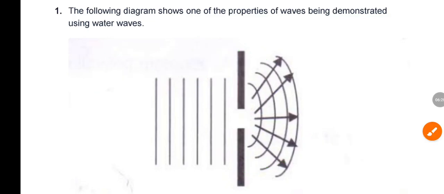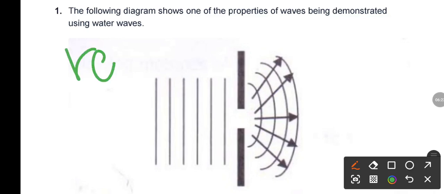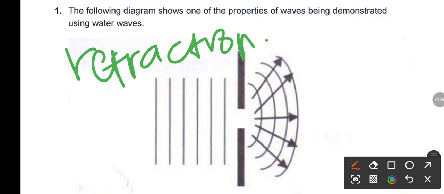And lastly, we have wave refraction. Wave refraction is defined as the change in direction and speed of a wave as it enters another medium. Okay, so when a wave enters another medium, let us call this medium air and let us call this medium, let's say, water.